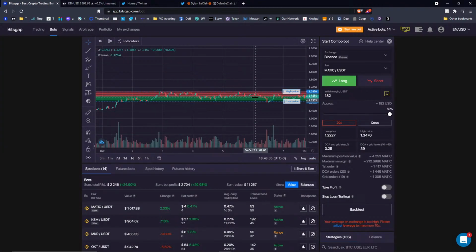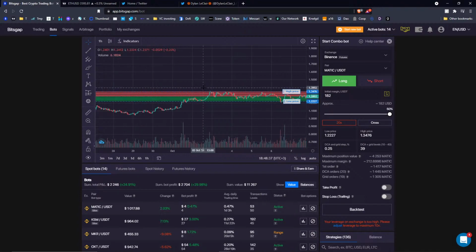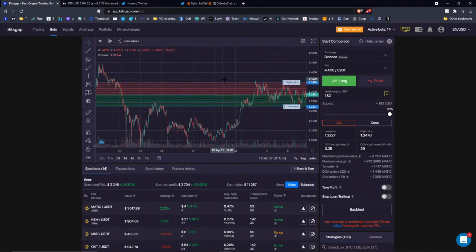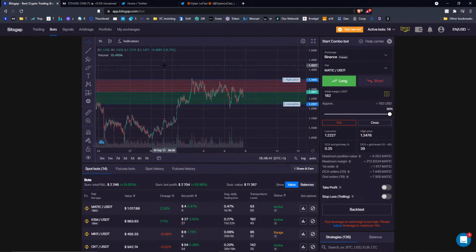Okay, so you guys are familiar with the Combobot we have for the futures market. It's kind of a combination of the DCA orders, the dollar cost averaging orders, and the grid orders. So that's why you have two calculations for the DCA orders. That's the amount to be allocated, and that's the amount for the grid orders.